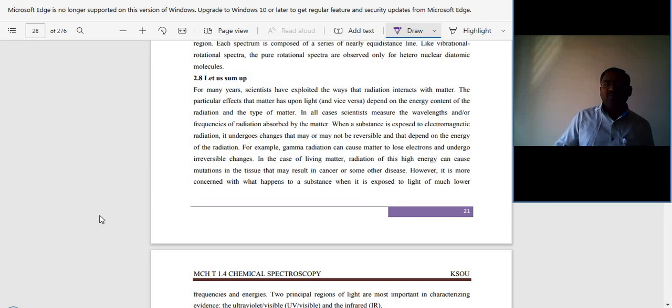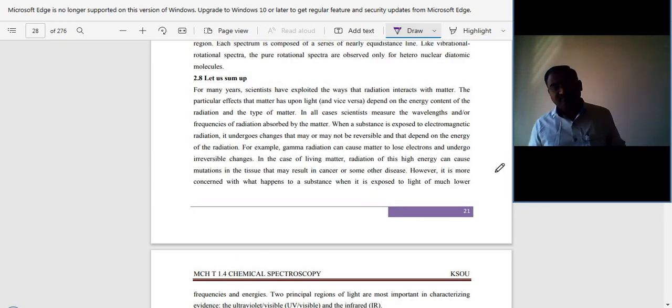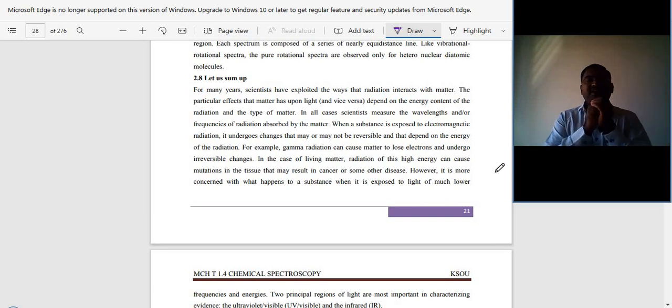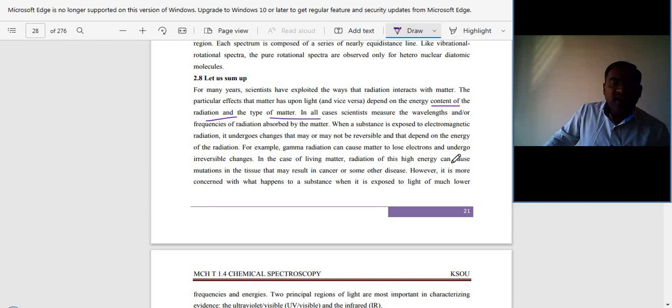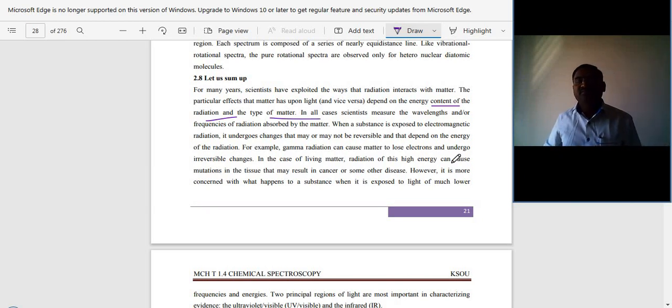Next, let us conclude this unit. For many years, scientists have exploited the way that radiation interacts with matter. The particular effect that matter has upon light depends on the energy content of the radiation and the type of matter.